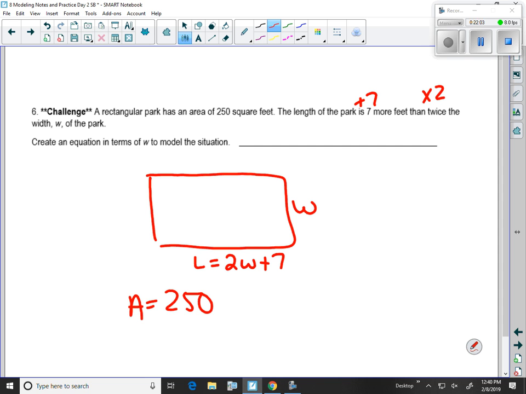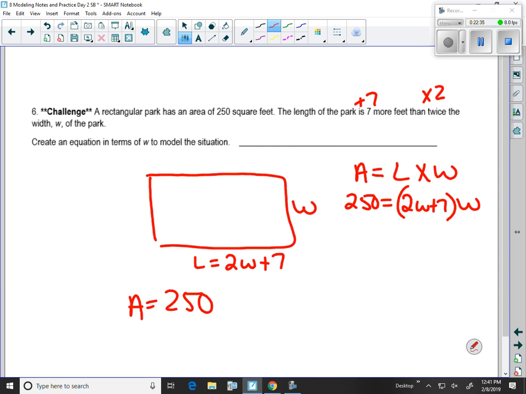So how do we find the area of a rectangle? Length times width. What is the area? 250. And our length is 2W plus 7, times the width, which is just W. Look at that. Now we need to rewrite this and get a quadratic equation.